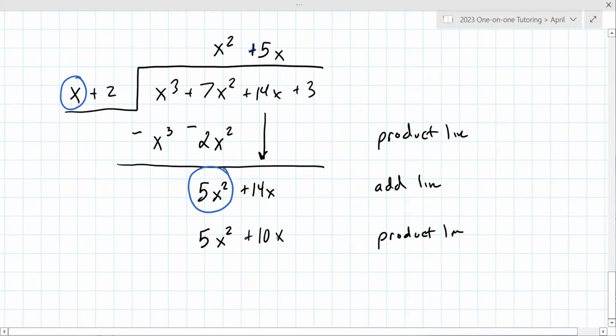But you have to change the signs. All right, and then you get 0 in the first position again, which is really good. That's what you want. Second one is 14x minus 10x, which is 4x. And then you bring down another term here.